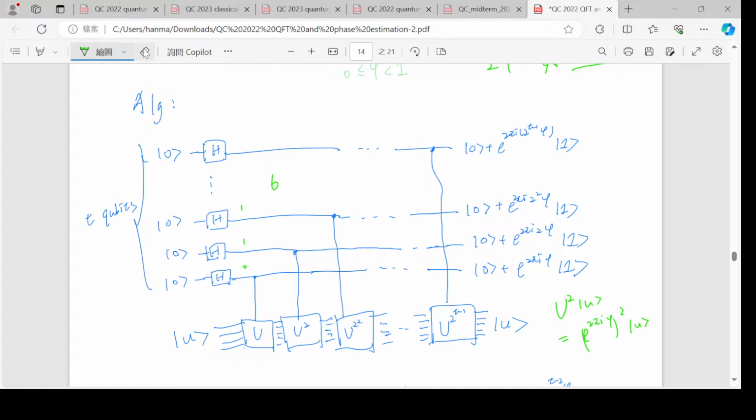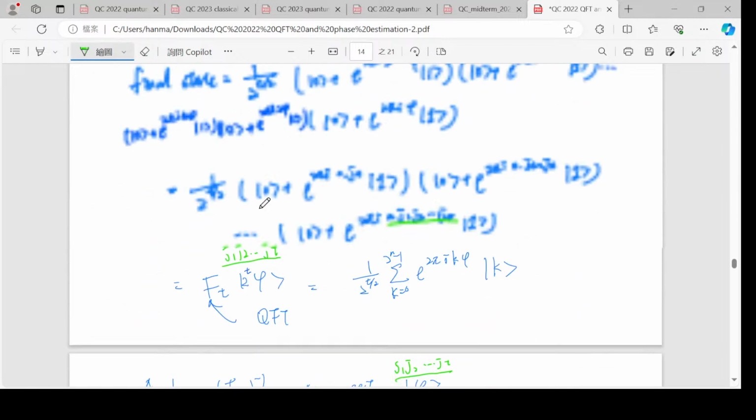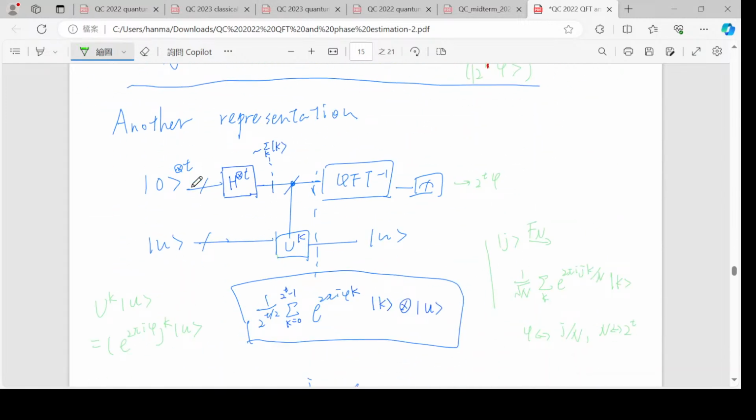Okay. And so what they actually do is, you apply Hadamard to it, and you can think about this computational basis as some k from 0 to 2 to the T minus 1, and then you do this super control U, where you apply U to the k-th power.